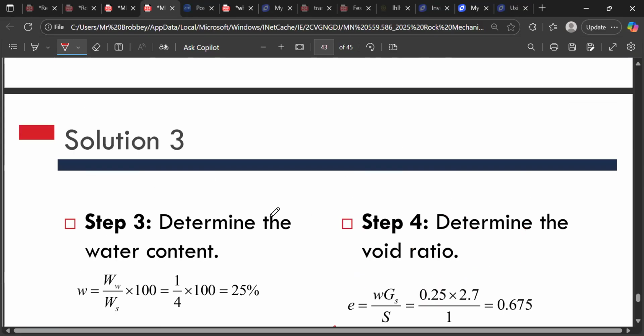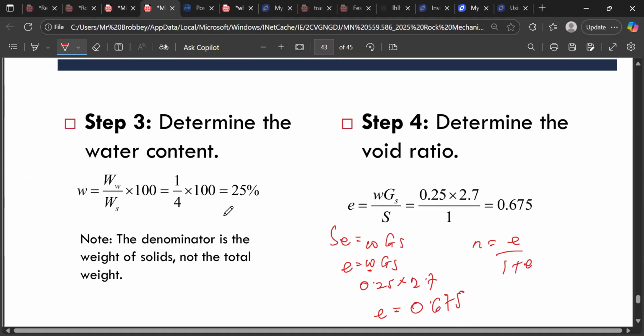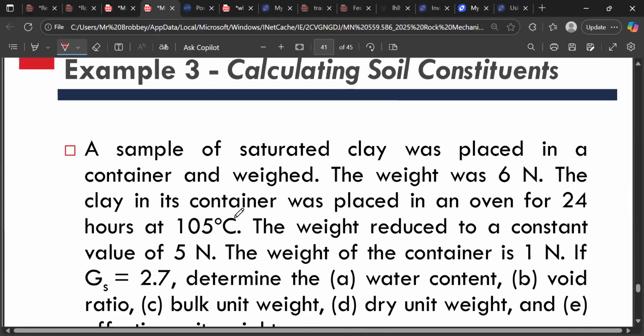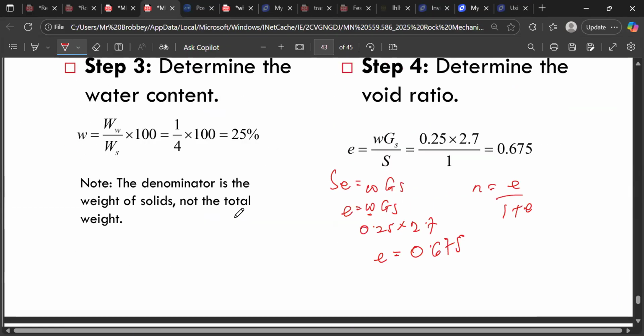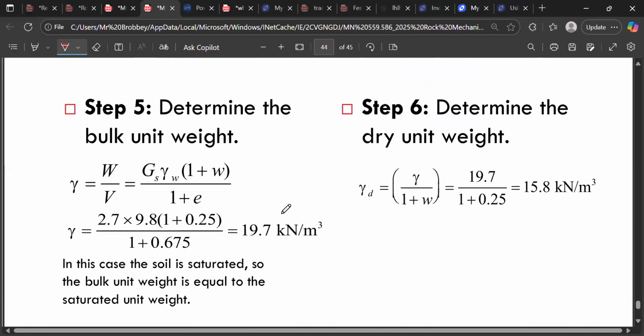And also, since we found our dry unit weight in the previous question, I can say that my bulk unit weight is equal to GS plus SE over 1 plus E, times gamma water, right?